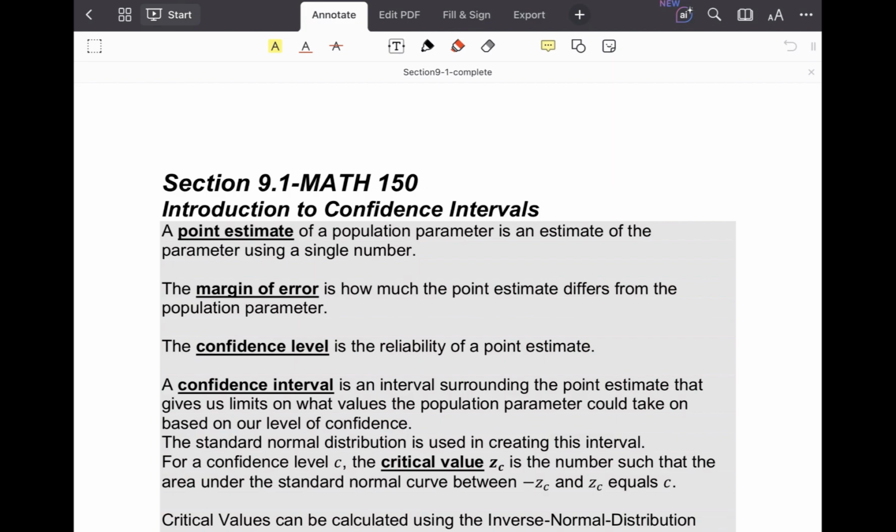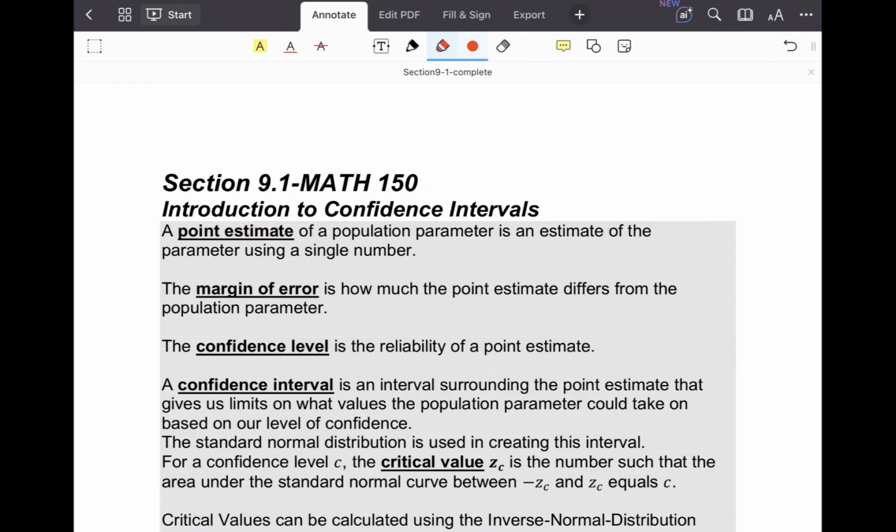Just to remind you, the sample mean was when we added up all the data values together and then divided by the number of data values. That sample mean would be a point estimate for the population mean.